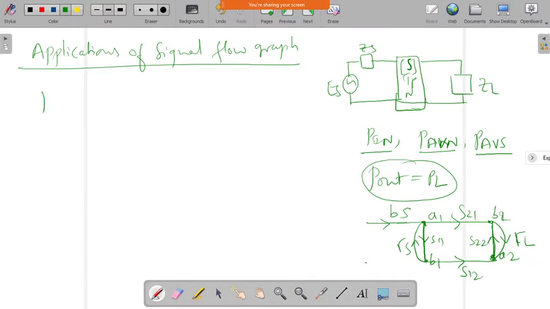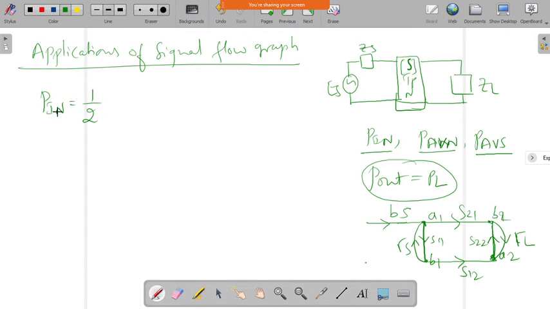Now, the input power, in terms of the incident and reflected voltages, normalized, because we have seen V1 is nothing but A1 by the square root of Z01, that is the normalized voltage.